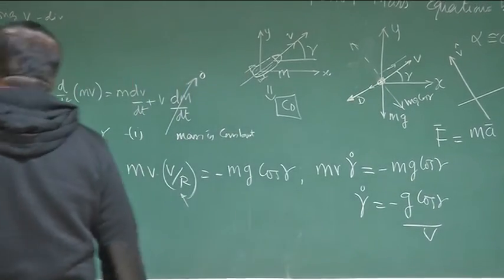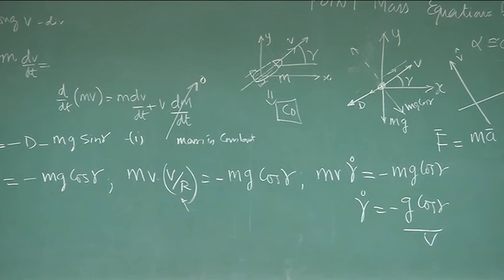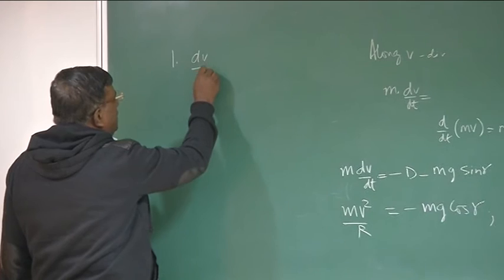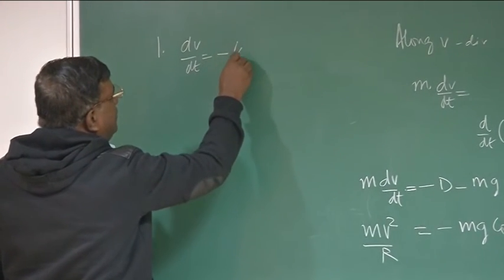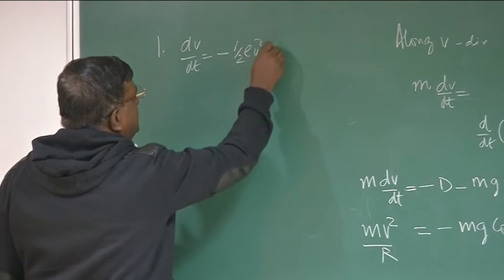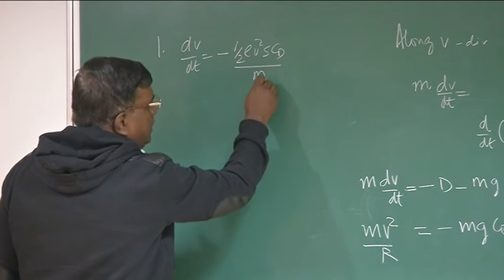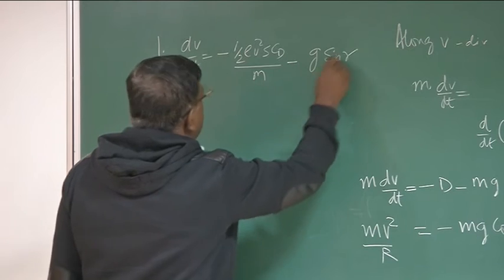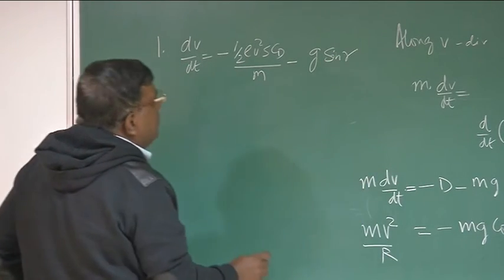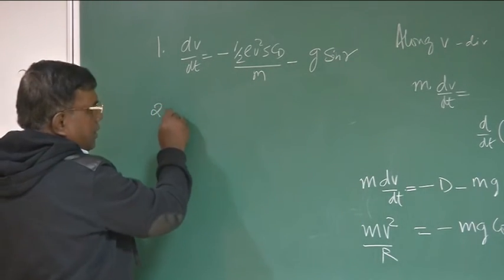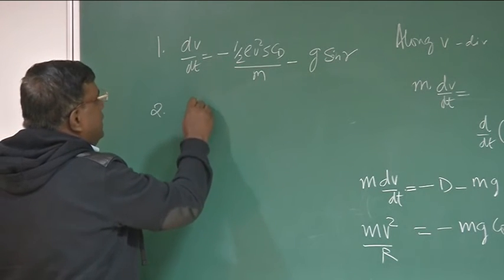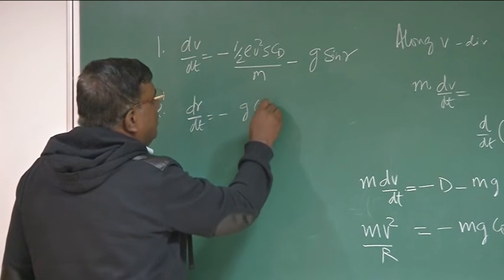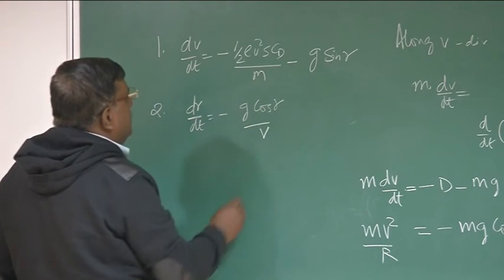So what are the equations of motion we got when we wrote it like this? One is dv by dt is equal to minus half rho v square S C_D by m minus g sine gamma. I have divided this by m all through. And the second equation I got is d gamma by dt is equal to minus g cos gamma by v.